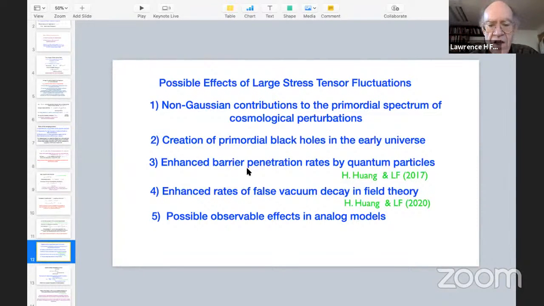And if those fluctuations are large enough, and they satisfy a probability distribution that falls off more slowly than exponentially, it could give a contribution that is actually larger in certain regimes than the result that you get from the WKB approximation, say, in quantum mechanics. So under very special circumstances, it might dominate barrier penetration.